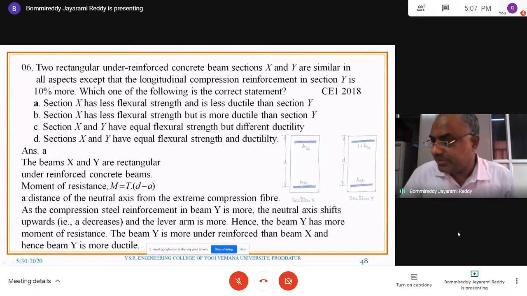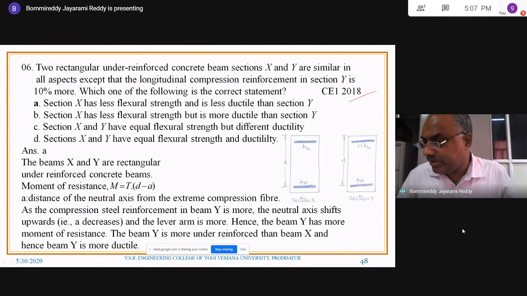So now let us look at another problem which is given in another exam. Two rectangular under reinforced concrete sections X and Y are similar in all aspects except that longitudinal compression reinforcement in Y is 10% more. So the size of the two beams is the same, AST is the same, effective depth is the same, width is the same, everything is the same.